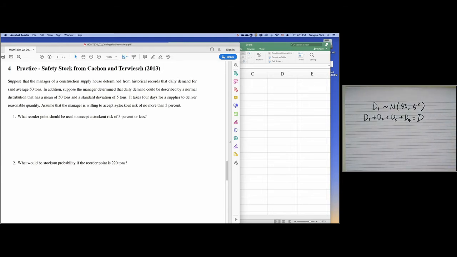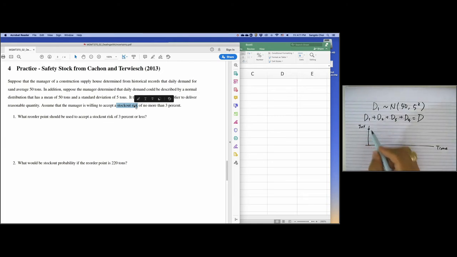And now we also have to think about this stock out risk. This stock out risk should be 3%. So now think about our general inventory profile, a timeline, on the x-axis time, on the y-axis inventory.